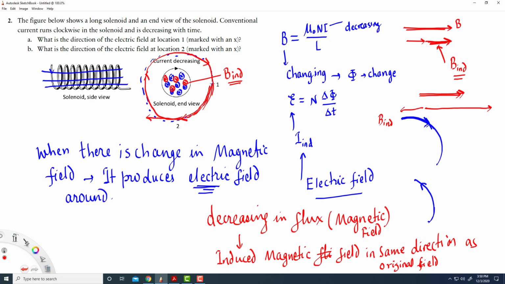And at this point the current is going down, so electric field would be pointing down, because this is the electric field that is causing the current in this wire, okay, so that's the electric field at that point, and that's the electric field at that point. So that means at point 1 the electric field is pointing down, and at point 2 the electric field is pointing to the left.